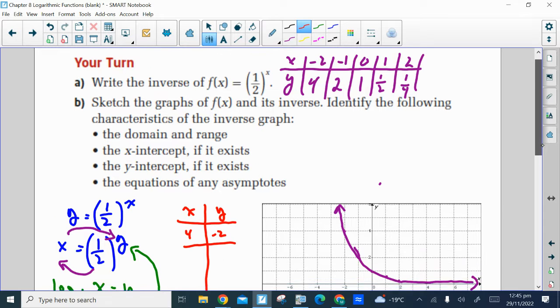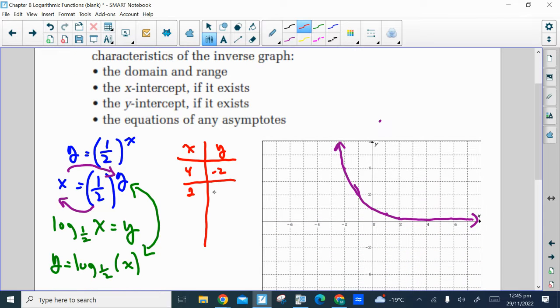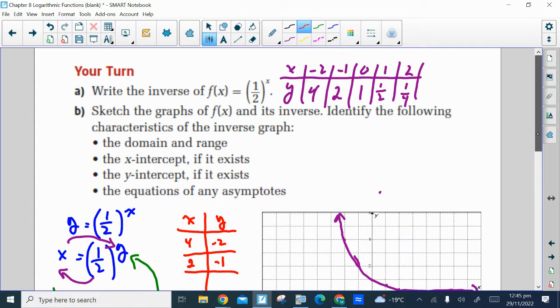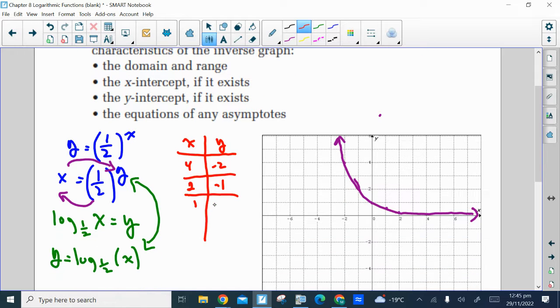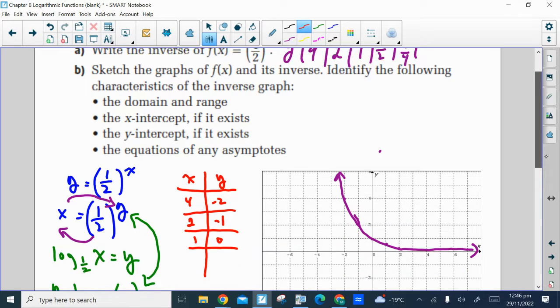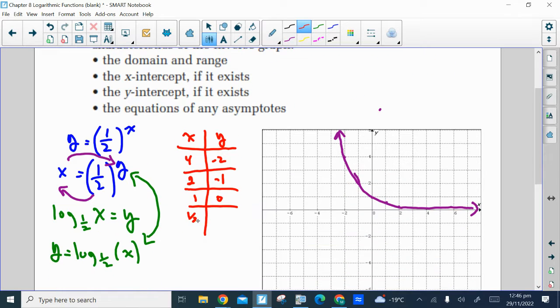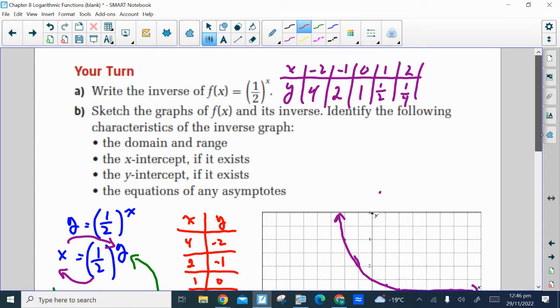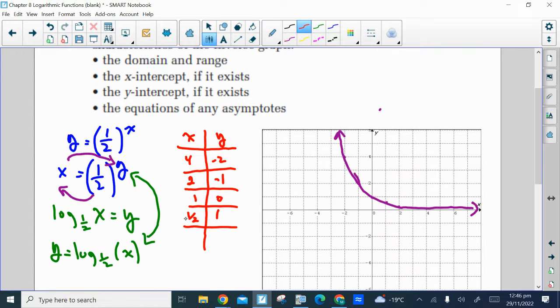Instead of negative 1, comma 2, it'll be 2, comma negative 1. Instead of 0, comma 1, it'll be 1, comma 0. Instead of 1, comma 1/2, it'll be 1/2, comma 1. And instead of 2, comma 1/4, it'll be 1/4, comma 2.